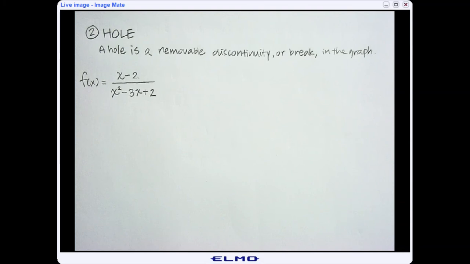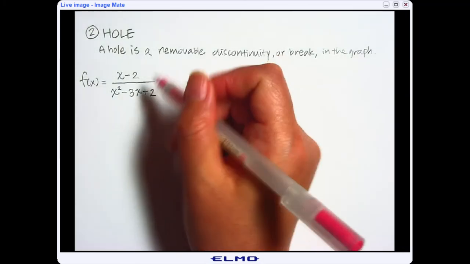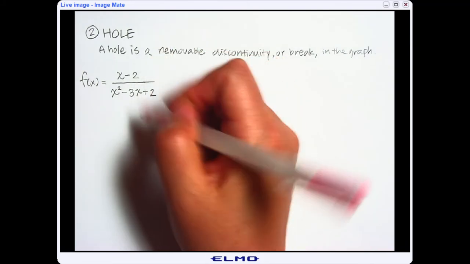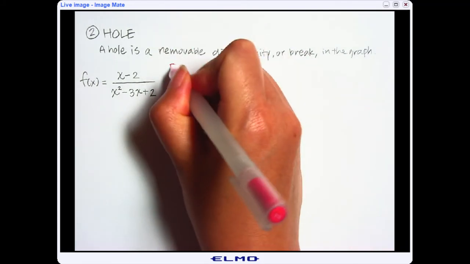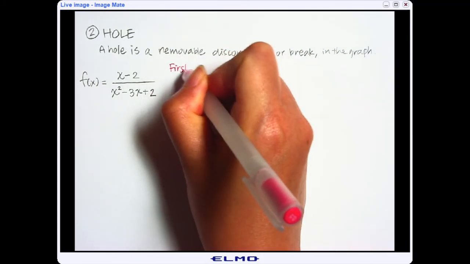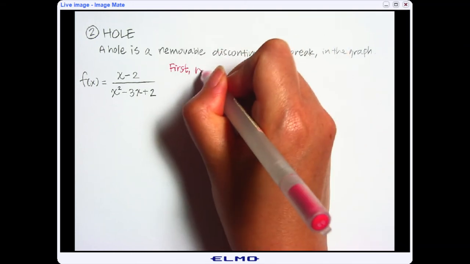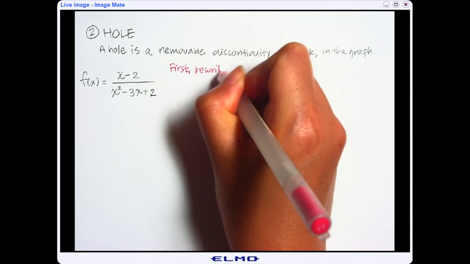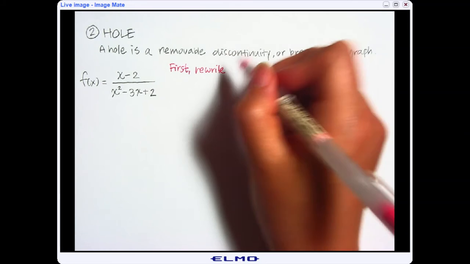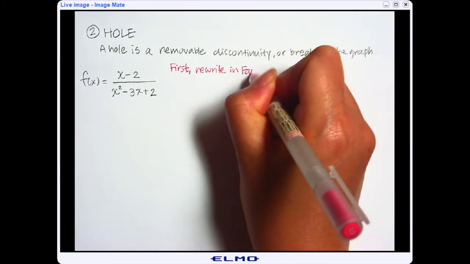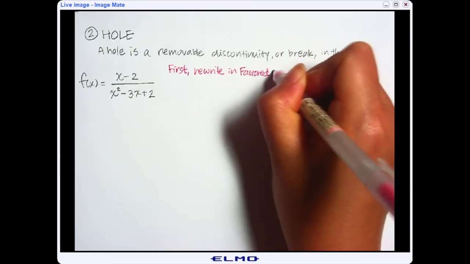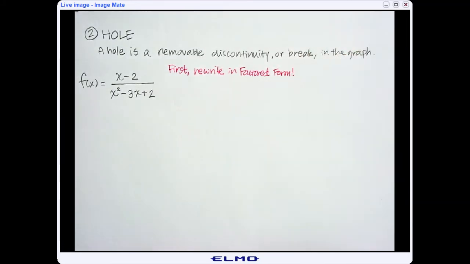So always remember, when you have an equation which takes the form of a rational expression, first you have to look for any part that you need to factor. So let's rewrite the given equation in factored form. That's the first thing that you have to do all the time.